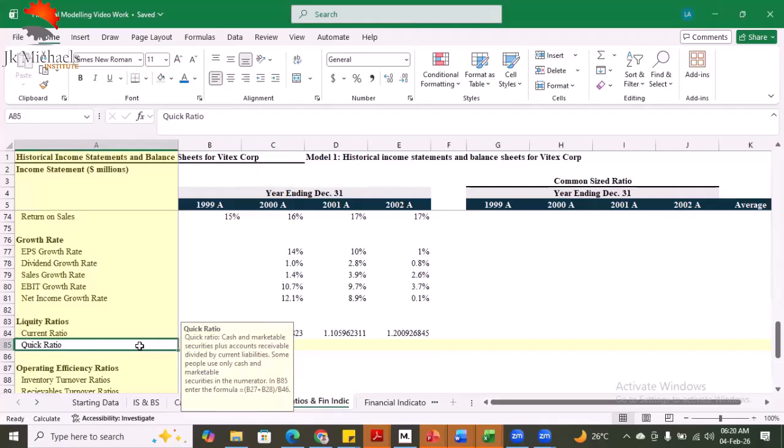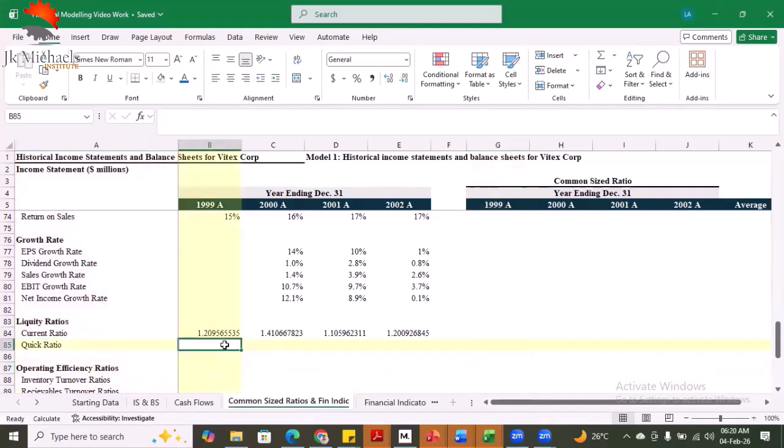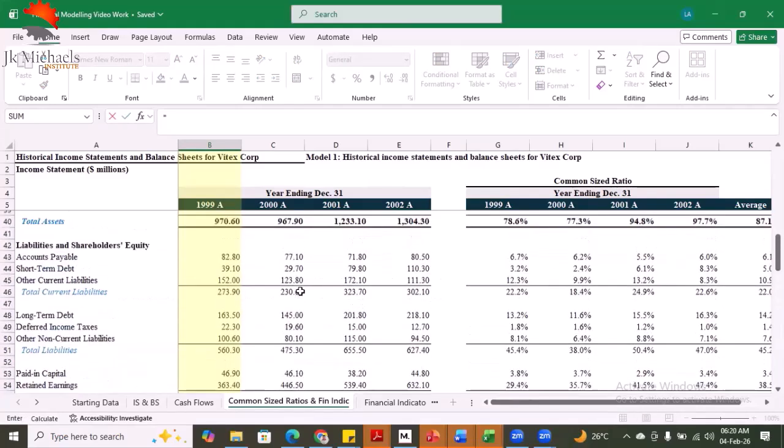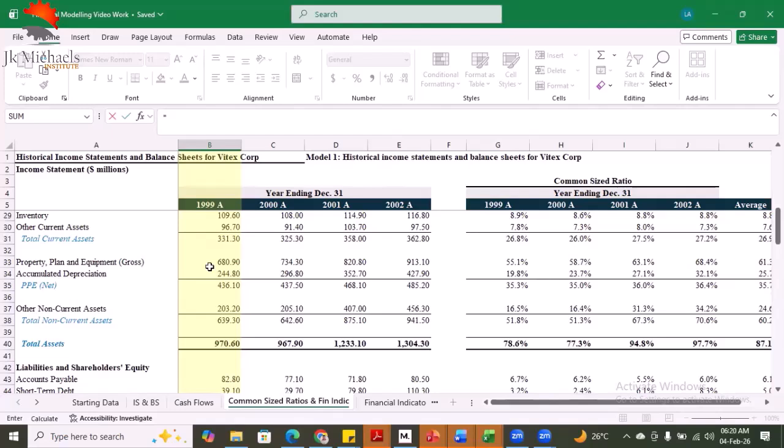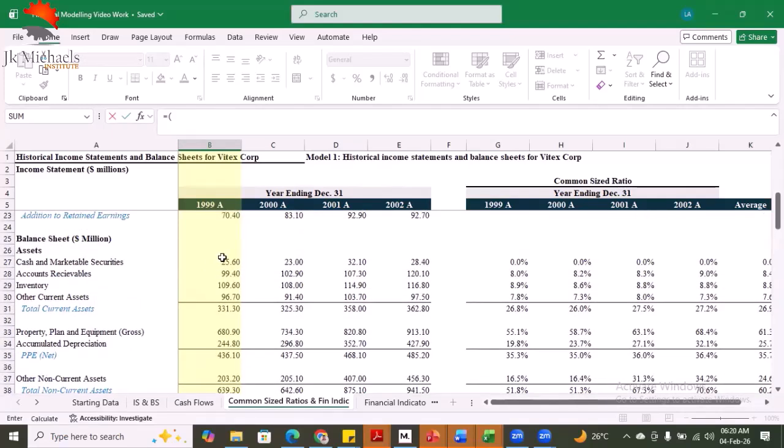So what we're going to use is cash and marketable security plus accounts receivable, and we'll divide that by total current liability. So let's go to the assets page. Put it in brackets, and with respect to assets, we'll have cash, marketable security plus accounts receivable. We don't add inventory.